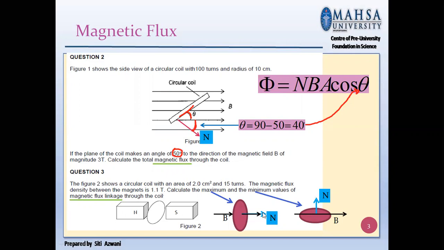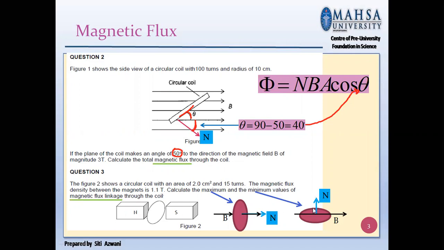So maximum means your angle is equal to 0. The angle between the normal of the area and B is 0. When you have cos 0 you get 1, so the magnetic flux is the maximum value. How about minimum?